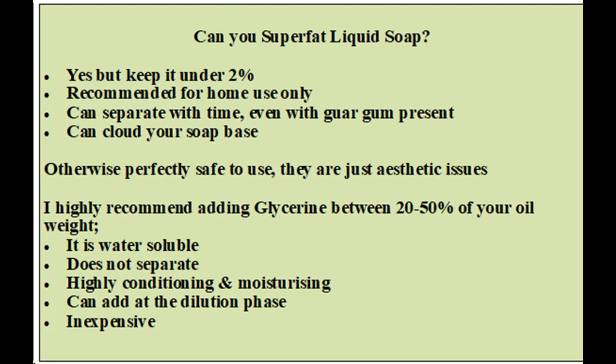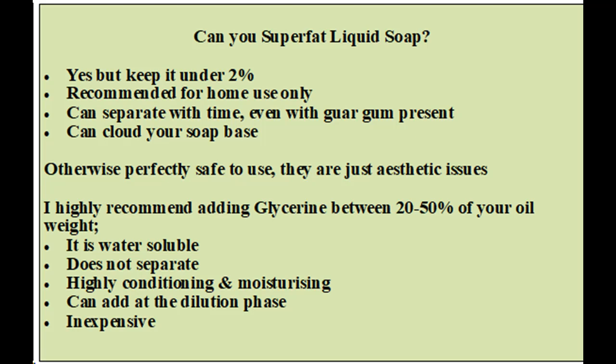It attracts moisture to the skin, so it's a very good skin additive to use in a liquid soap. It can be added at the dilution phase, or after you dilute. After I dilute, I hydrate guar gum in glycerin, and then I add that to my finished product, and it's relatively inexpensive. It's really easy to add into your recipe.